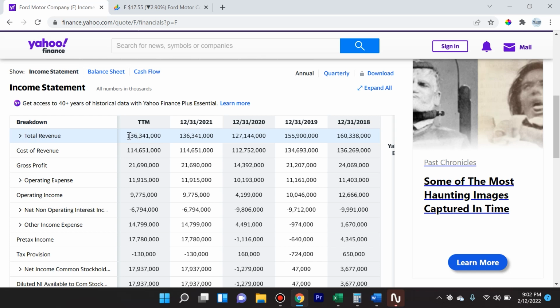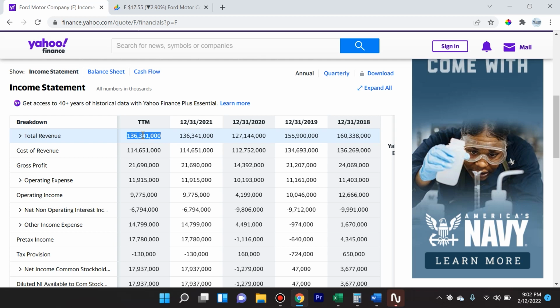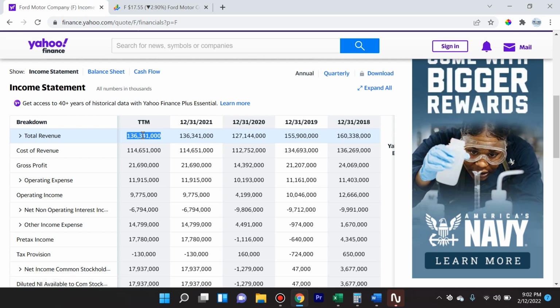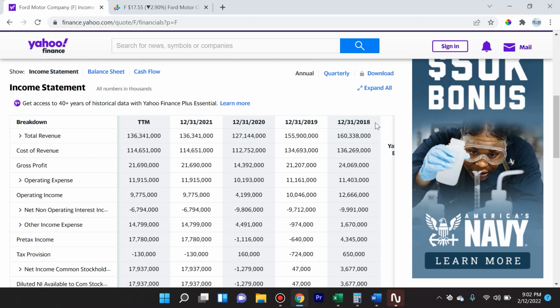So what do you do with this figure? Well, first of all, let's bear in mind that this is not 136 million, because right here it says all numbers are in thousands. So this is actually 136,341 million. And this was their total revenue for the year of 2021. Now something interesting to point out is that you could see across time how revenue has changed.